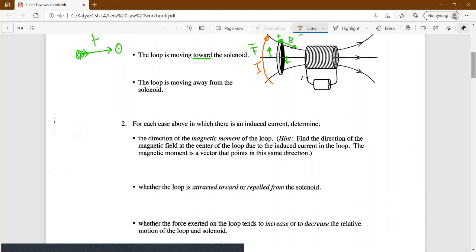Again, here, because you probably did not cover it in lecture yet, I'm going to show you what the magnetic moment of the loop is. So if we have a current along the loop moving like this, like in my picture above, where this part is closer to us and this part is further from us, and you curve your fingers in the direction of the current, it's going to show you the magnetic field of the loop in the middle.